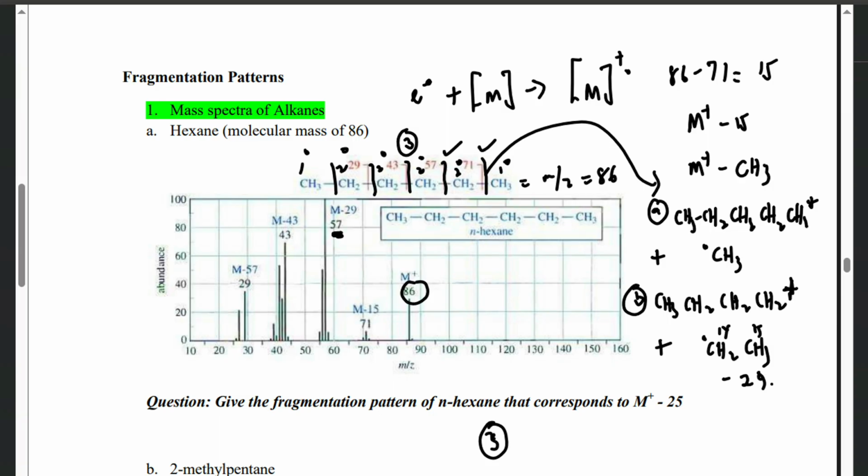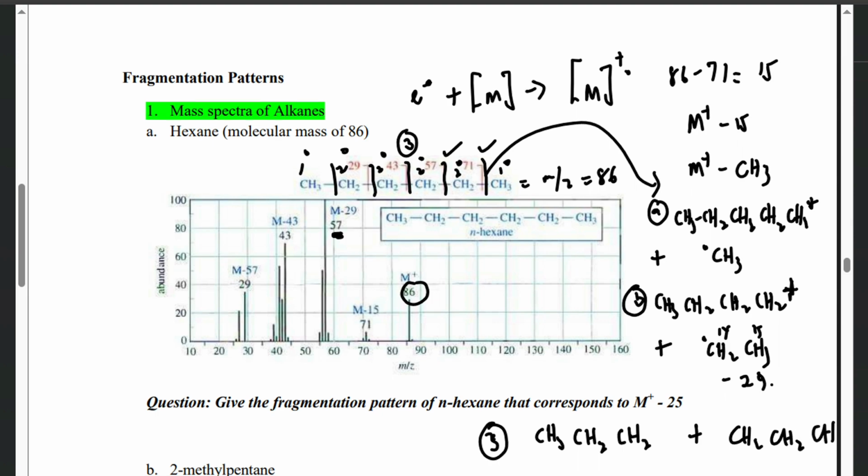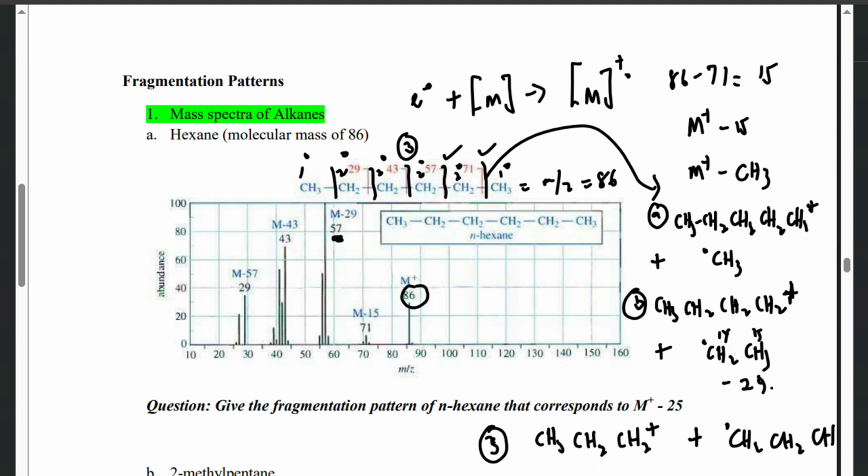We are going to have CH3, CH2, CH2 and also CH2, CH2, CH3. Any of them can be the positive fragment, but looking at the length, they are both between 2 and 2, but this one is 1, 2, 3, 4 and that one is 1, 2, 3. So this is more stable, so we have this to be the highest peak.